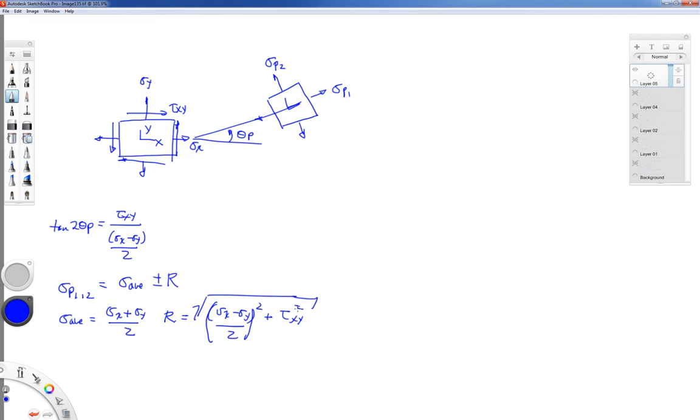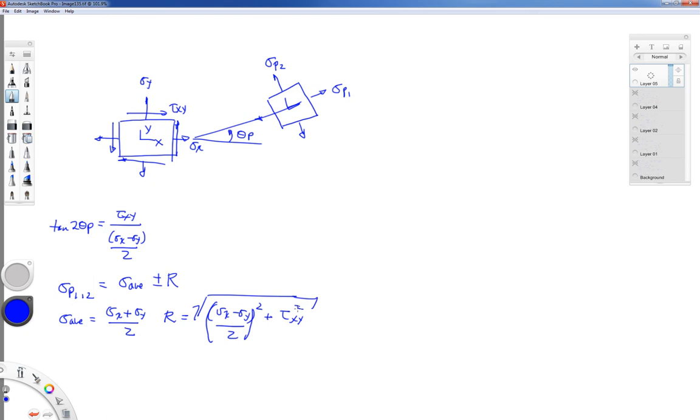Now, I don't want you to memorize these equations. I do want you to understand how to use them, but again, when we do Mohr's circle, all of this stuff will be a lot easier to remember. Let's just put it that way.